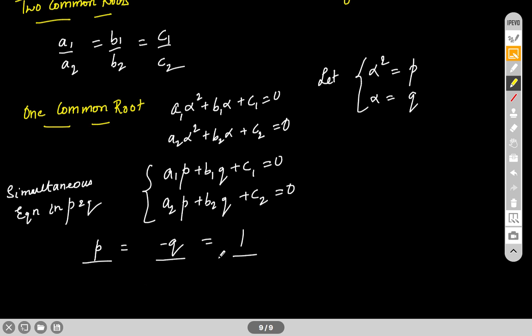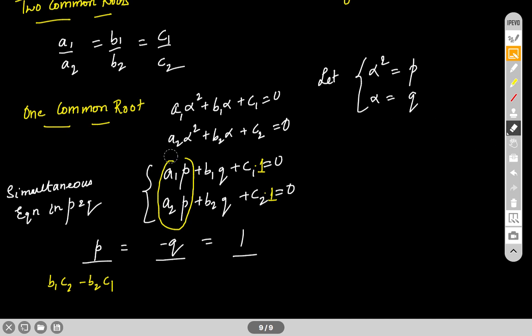Then we hide this entire column and write 1, 1. Then do B1 C2 minus B2 C1. Cross multiplication, just like you do in determinants.